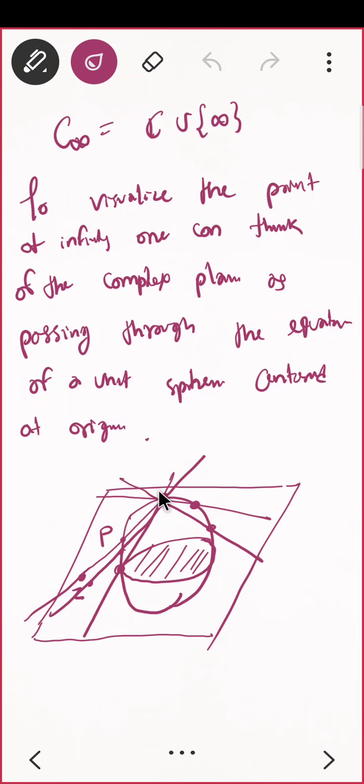Do you see? Just as I told you, from this north pole, you can see this is my north pole, and for each complex number there will be one point on the sphere.